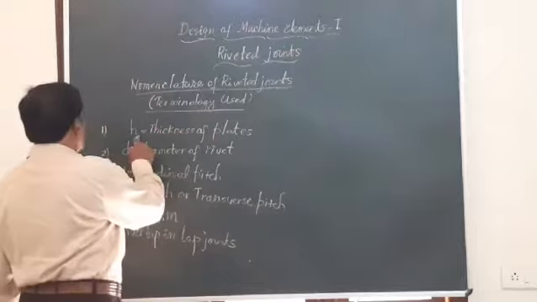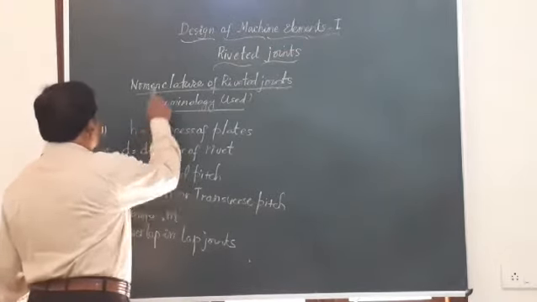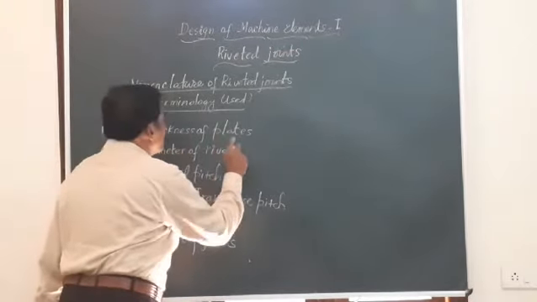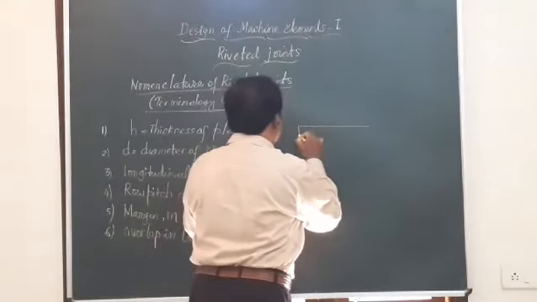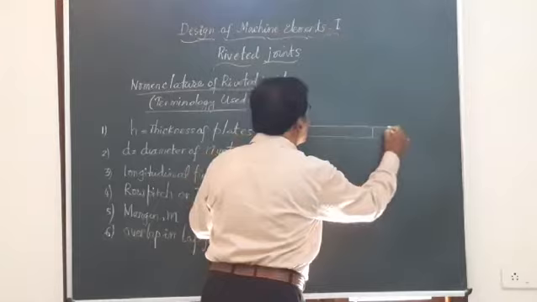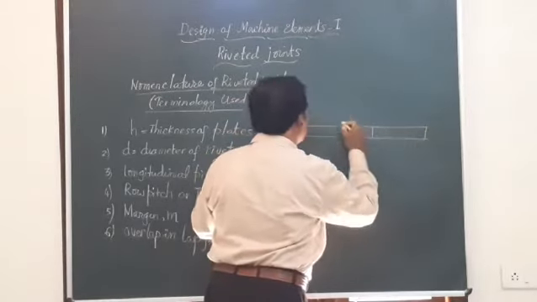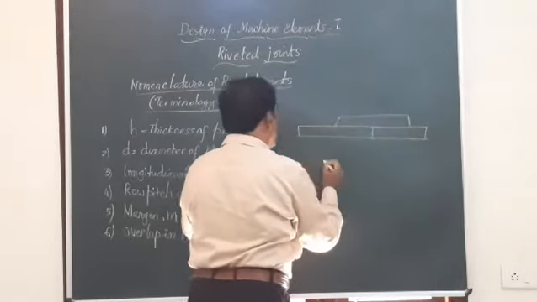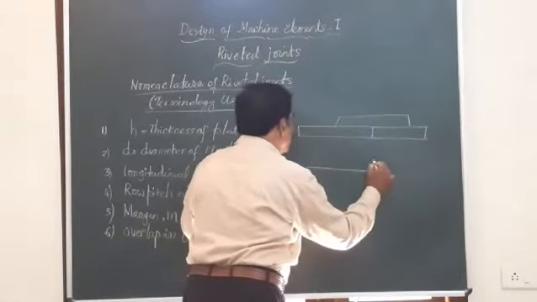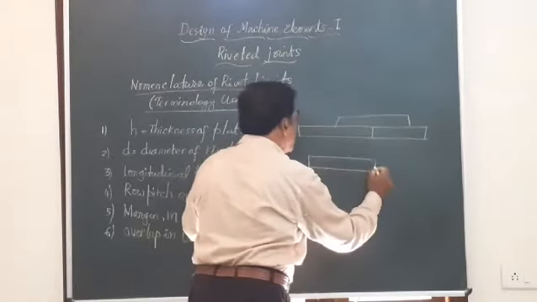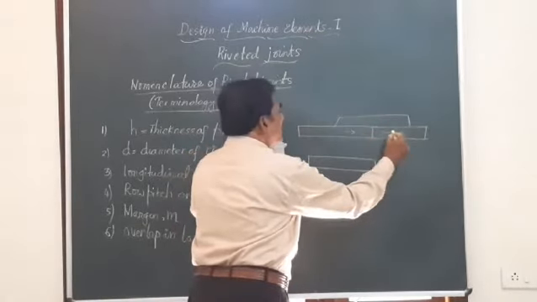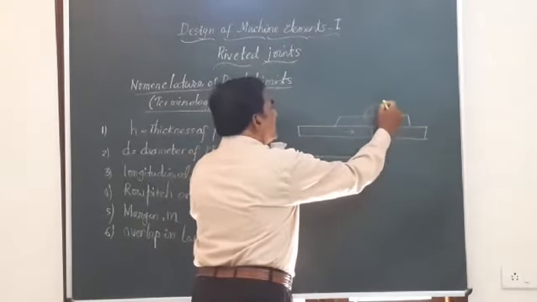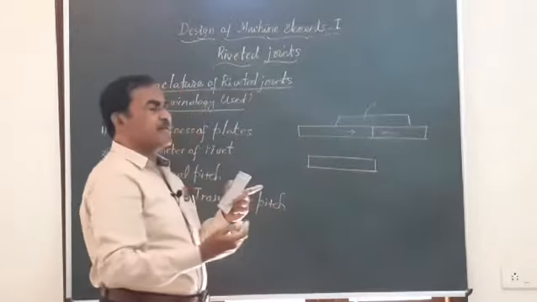We have H. The first nomenclature is H, that is the thickness of the plates to be riveted to form a joint. It could be a butt joint or it could be a lap joint. In a butt joint, as you know, the plates are brought end to end like this, and then a cover plate is used to make a butt joint.